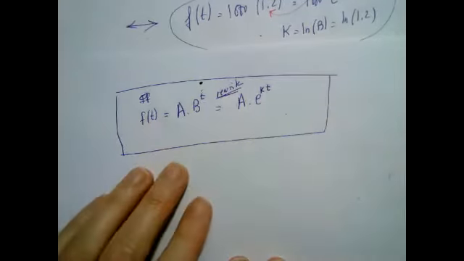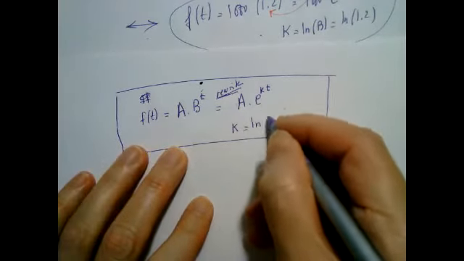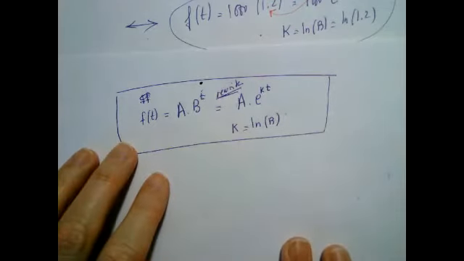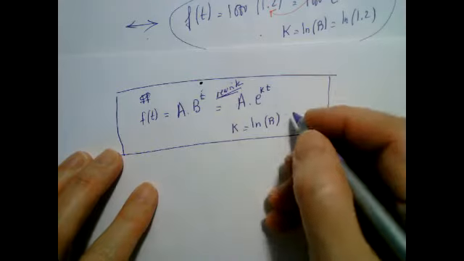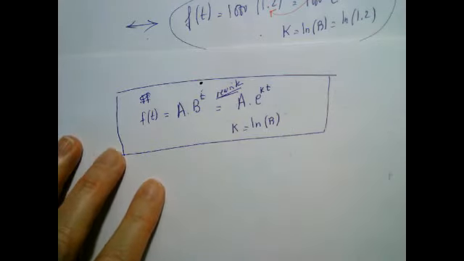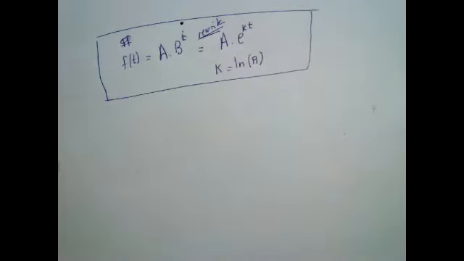That's what I showed you so far. And my k is the natural log of the growth factor. This k is called the continuous growth rate, which I will write clearly later on.